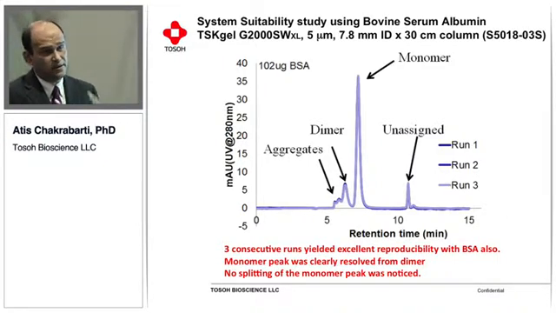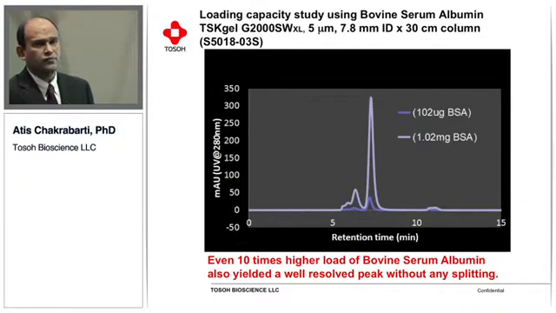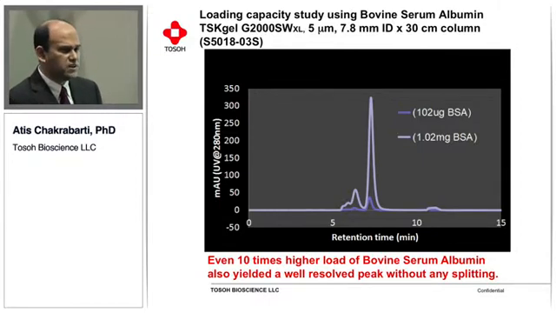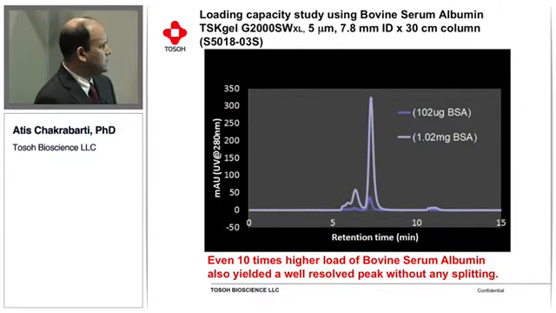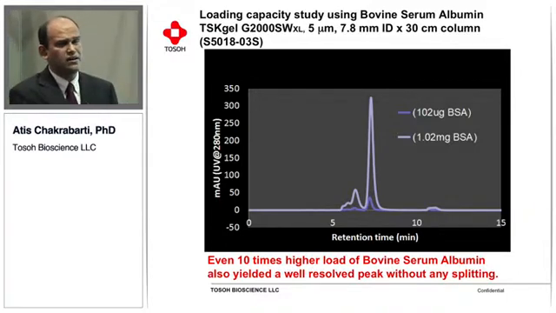Sometimes, next slide please, when you overload the column, you can get a split peak. But as you see here, we started with 10.2 microgram of BSA. The previous slide was 1.02 microgram, so it is already tenfold.